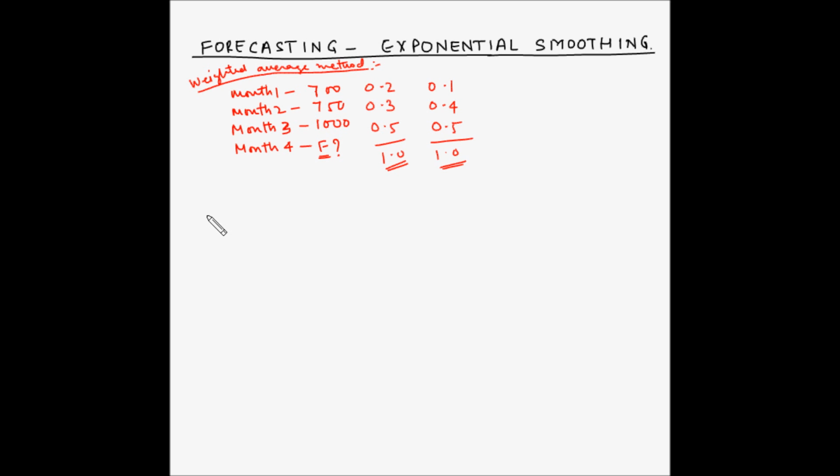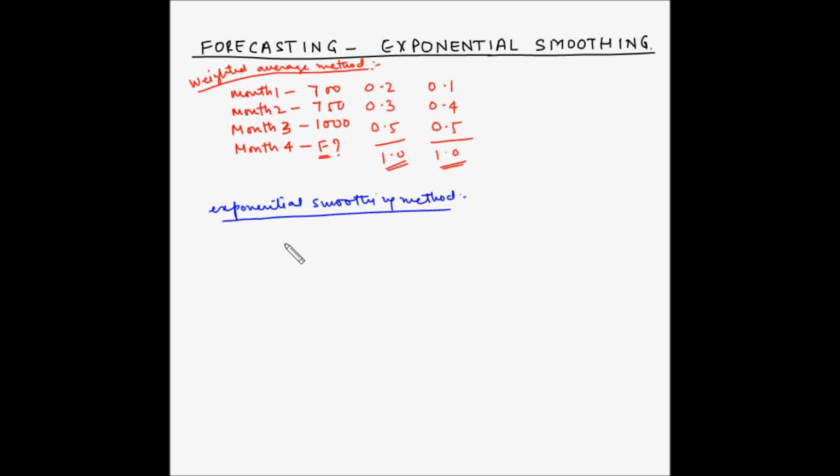Now in the exponential smoothing method, the forecast is again calculated as the weighted average of all the previous values, but it is based on the premise that the most recent value is the most important for predicting the future value.